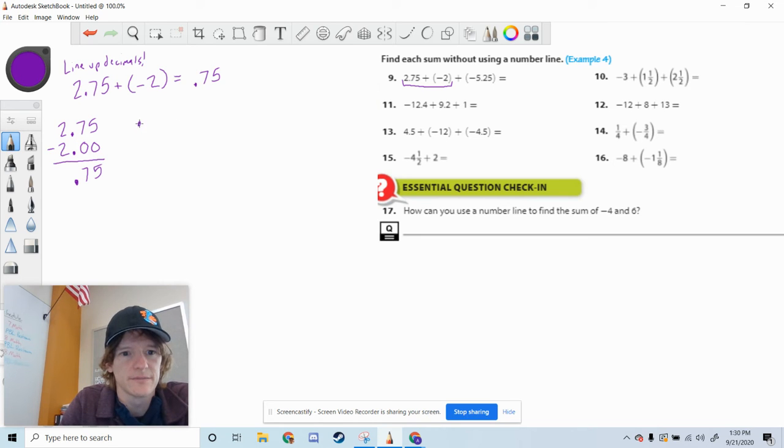So now I need to do 0.75, 75 cents, plus negative 5.25. All right. So now looking at this one, it says don't use a number line, but I really don't like that strategy. But let's do it. I have more red counters here than I would have yellow counters. So let's flip this around.